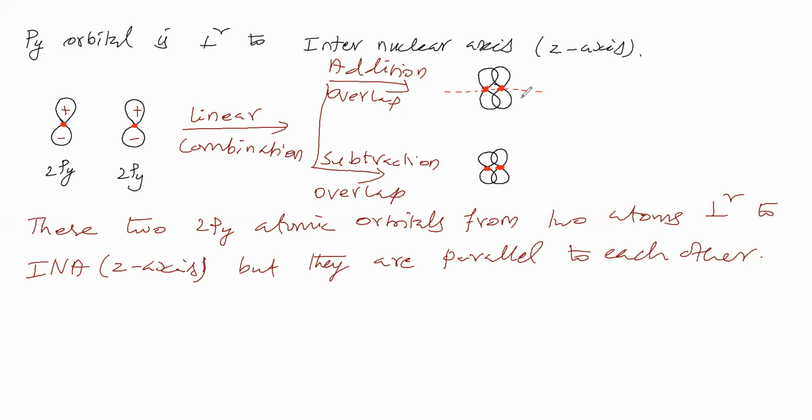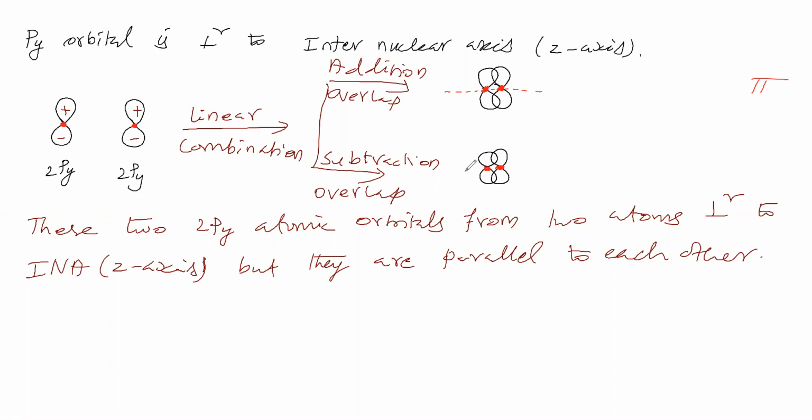Now you see how the overlapping takes place. Overlapping takes place above the internuclear axis and below the internuclear axis. That means it is called lateral overlapping or sideways overlapping. The result is pi. Overlapping along the internuclear axis means sigma.